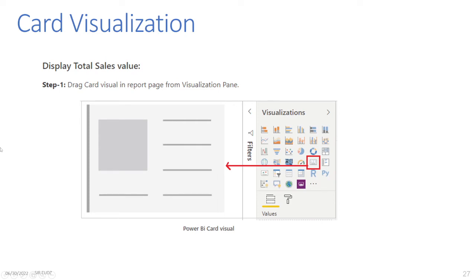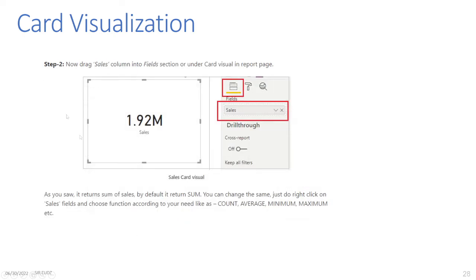Drag the card visual into the report page from the visualization pane. Then drag the sales column into the field section of the card visual in the report page.